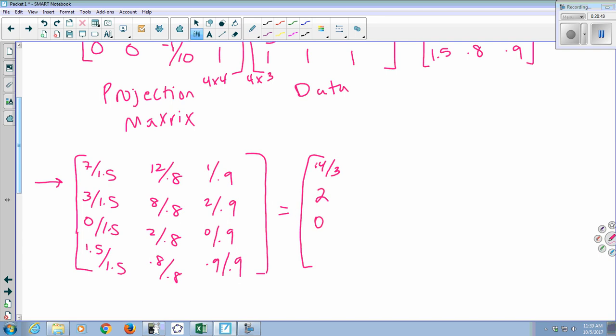Then 2, 0, 1. 12 over 0.8 reduces to 15, typo in my notes. 8 over 0.8 is 10. 0 over 0.8 is 0. 0.8 over 0.8 is 1.